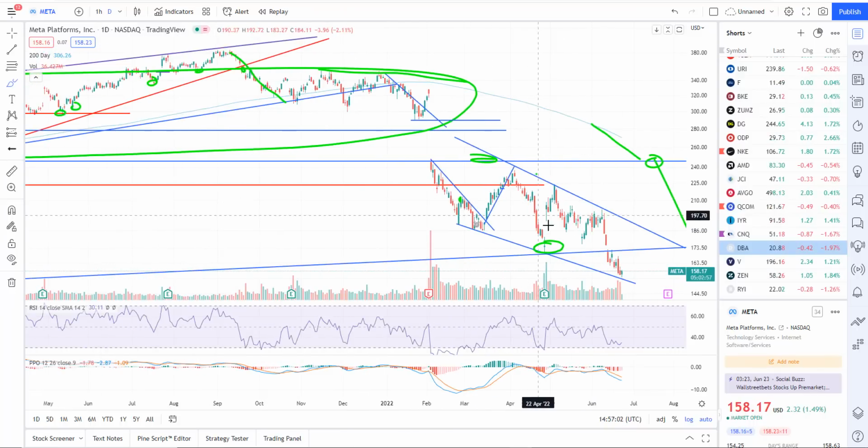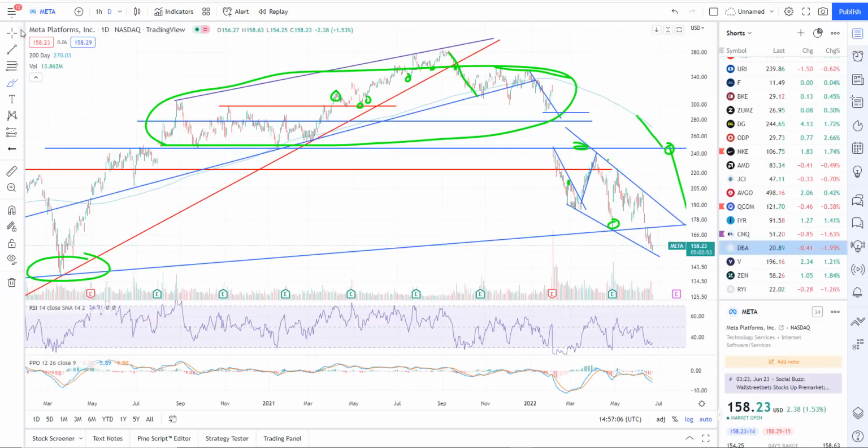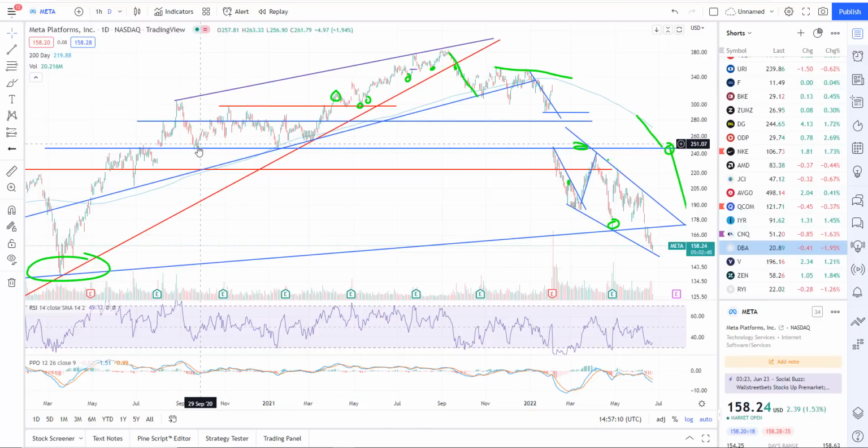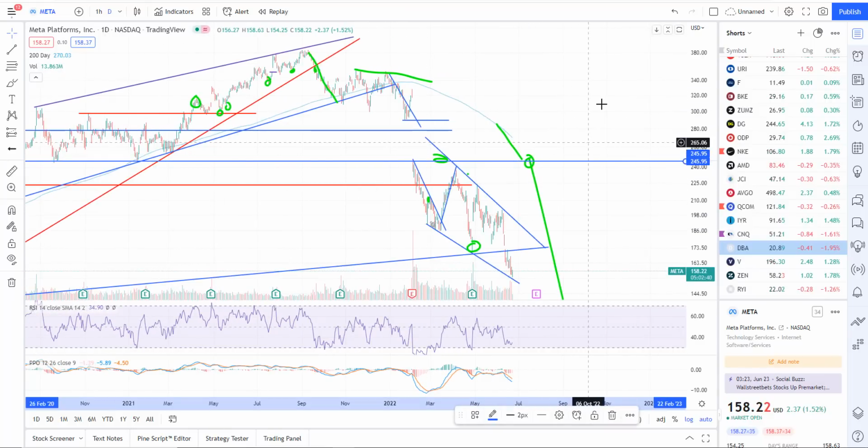So it's a couple gaps to fill. I don't know if you fill the gap, but a good target for me on this one, you can see I've got it kind of circled, this big sideways zone right there at 246.41. All right, I would look for that to be a potential rally target up there. I don't think we're going to fill this gap.